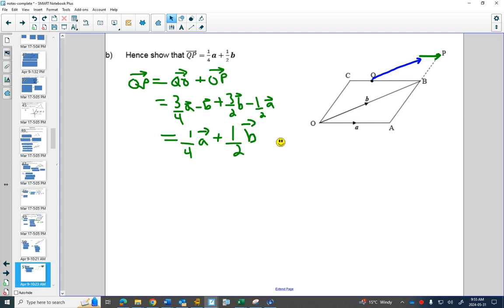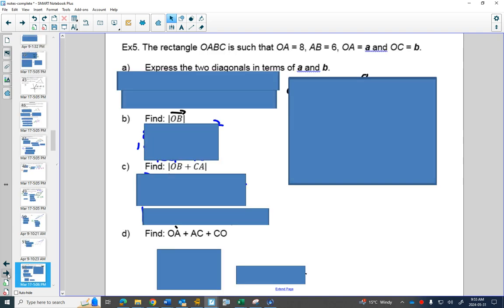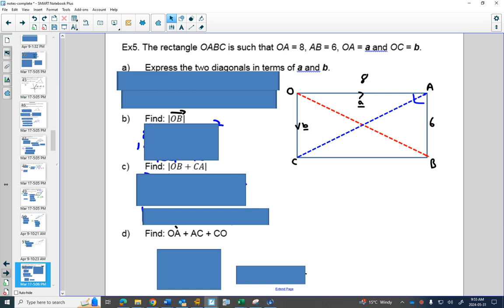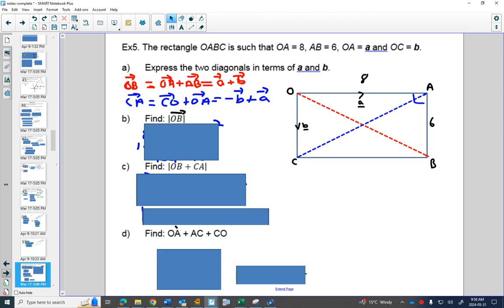All right, I want you to try this next one on your own. Draw a picture. There we go. Did you get that O to B was A plus B? And did you get that C to A was negative B plus A, or A minus B?